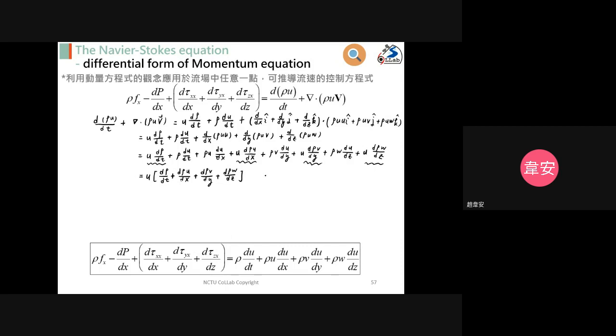And the other parameters still have the rho du dt and here rho u du dx and plus the rho v du dy and plus here rho w du dz.